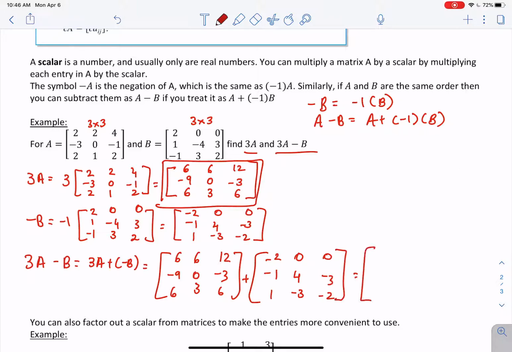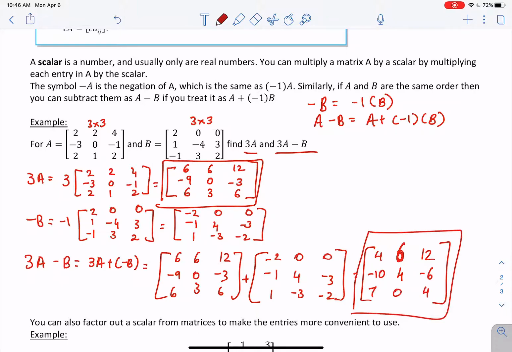And then I add these matrices up. So 6 plus -2, 6 plus 0, 12 plus 0, -9 minus 1, 0 plus 4, -3 plus -3, 6 plus 1, 3 minus 3, 6 minus 2, and I get this matrix as a result.